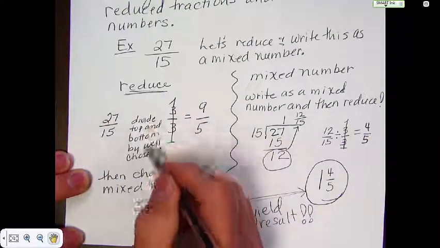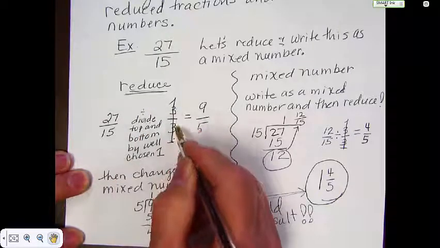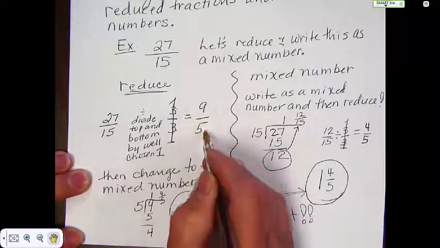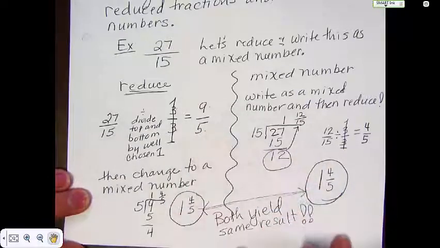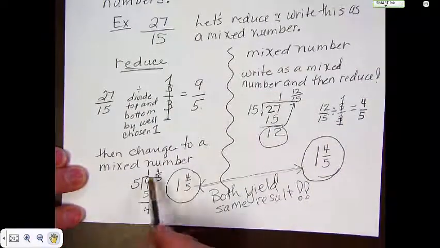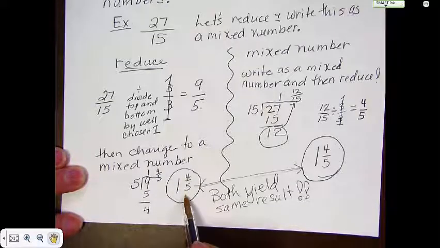So if I divide the top and the bottom by this well-chosen 1 here, 3 over 3, I get 9 over 5. Now that's an improper fraction, so we know how to change those into a mixed number just simply by doing our division down here. We end up with 1 4/5.